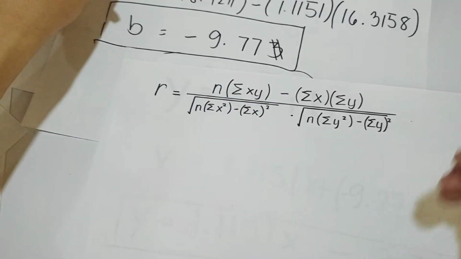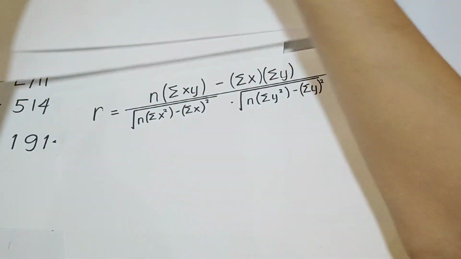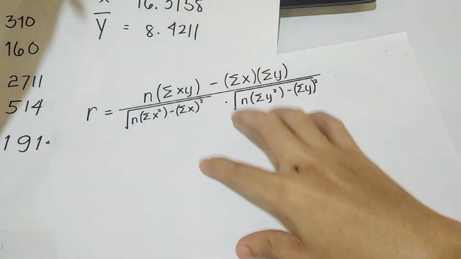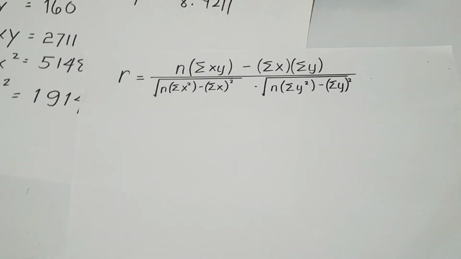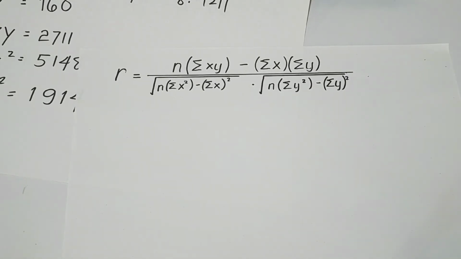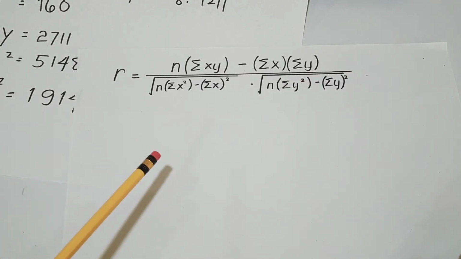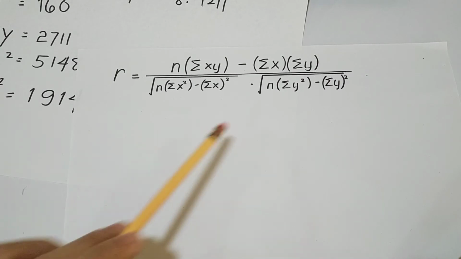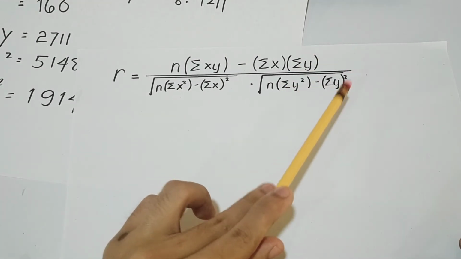So we know that the equation for that is this one. r equals the product of the sample size n multiplied by the summation of xy, subtracted by the product of the summation of x and the summation of y, all over the square root of n multiplied by the summation of x squared minus the square of the summation of x, multiplied by the square root of n times the summation of y squared minus the square of the summation of y.